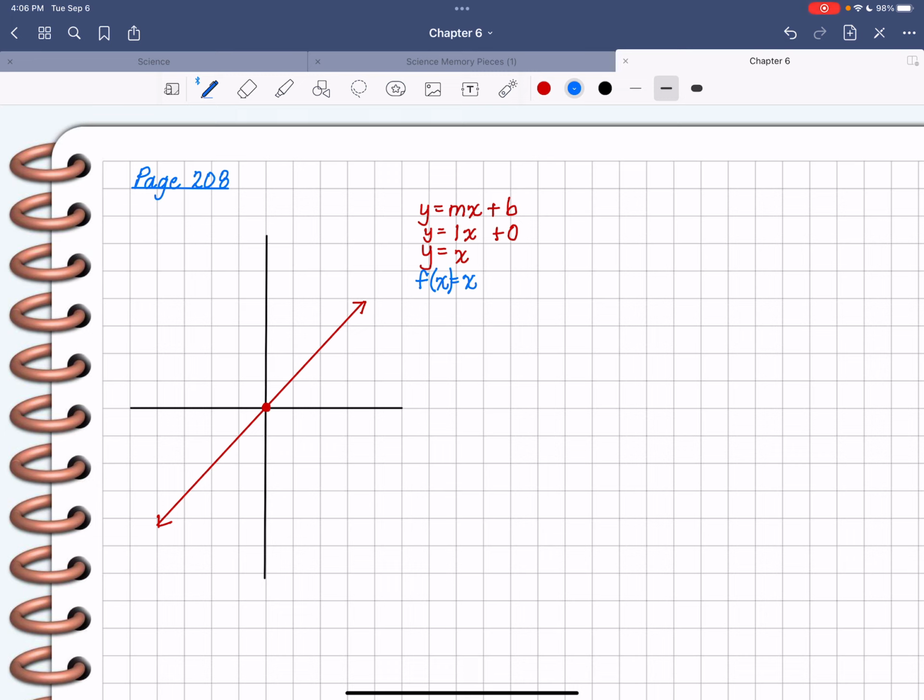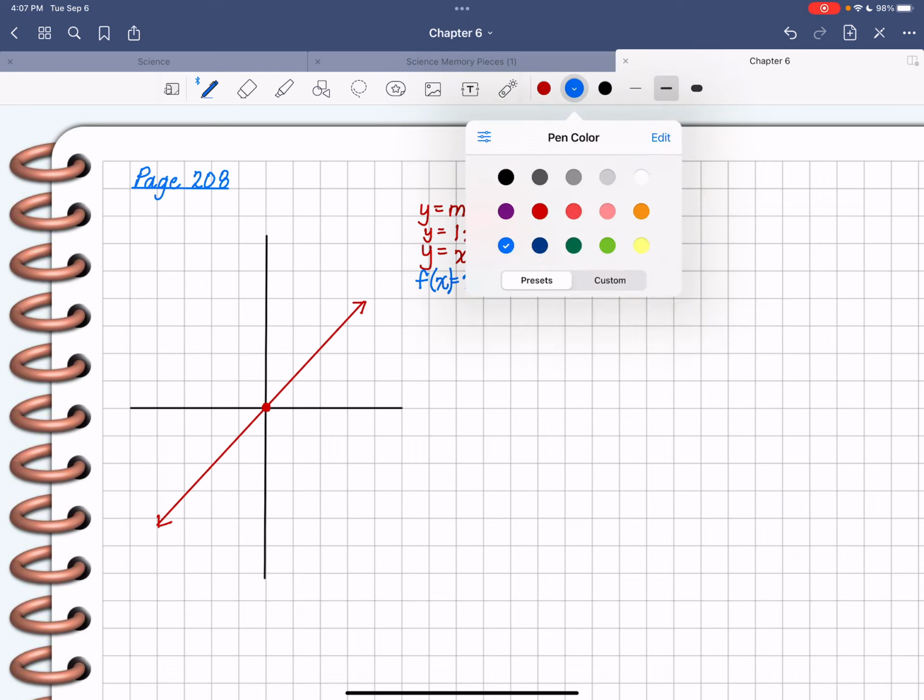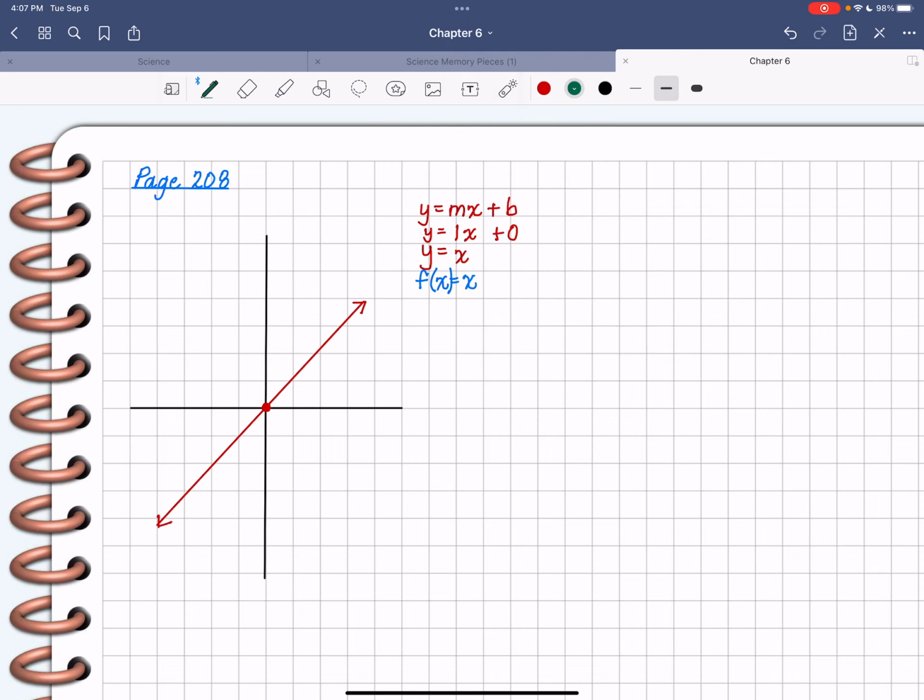Do you remember the letter K? It's been a while since we've talked about that. That was in the last chapter. K was called the constant of proportionality. And remember, for us to use the letter K, we had to meet the 0, 0 test, and this function clearly does.